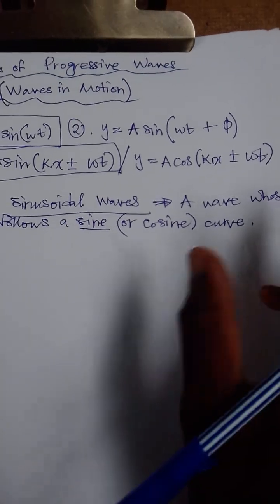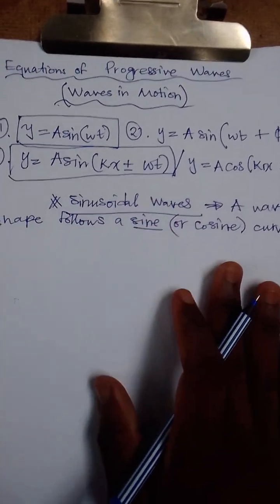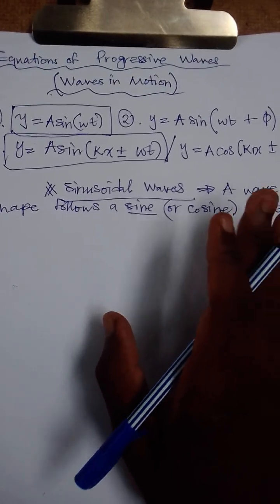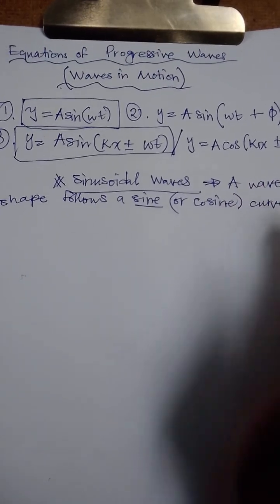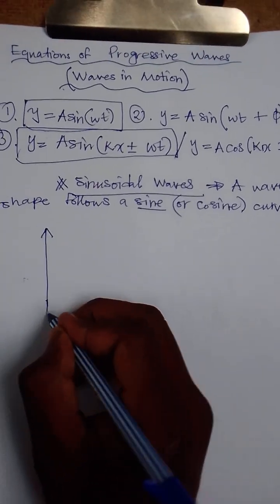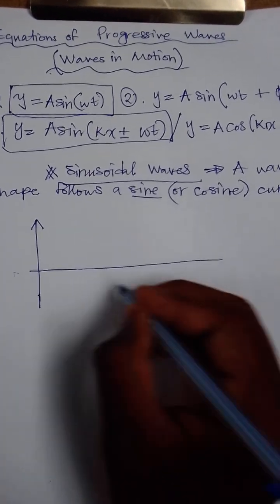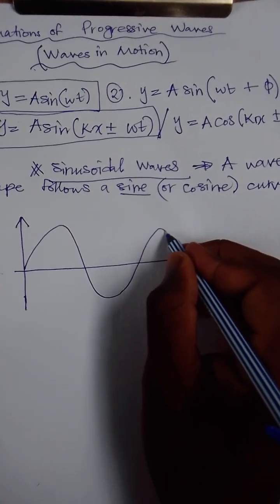A sine or a cosine curve, in case you've heard of a sinusoidal wave. So without wasting much of your time, let me show you the structure. It is a transverse wave, but there are some differences in terms of how it's drawn.